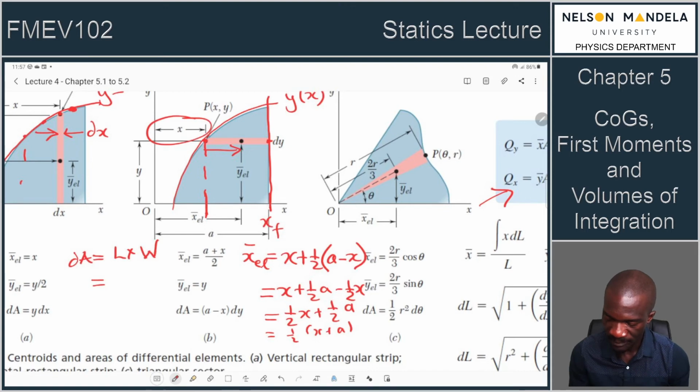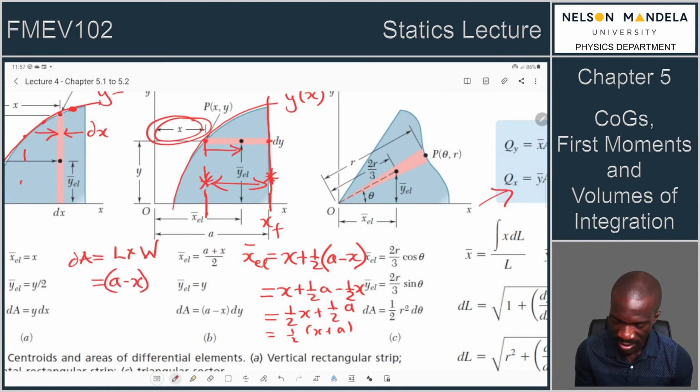So this is the length of the strip. That would be our distance A from the origin minus, okay, we are looking at the strip, so it's minus x. So A from the origin minus x, that would be the length. Then its width is obviously dy. So that's why we have a minus x multiplied by dy. So that is how you would define your horizontal strip.